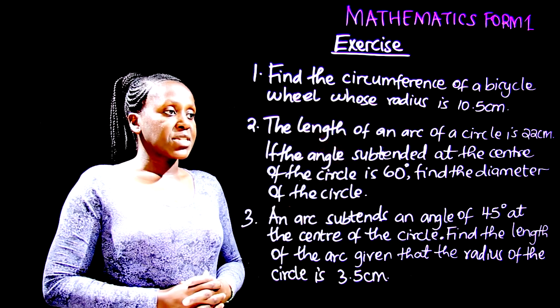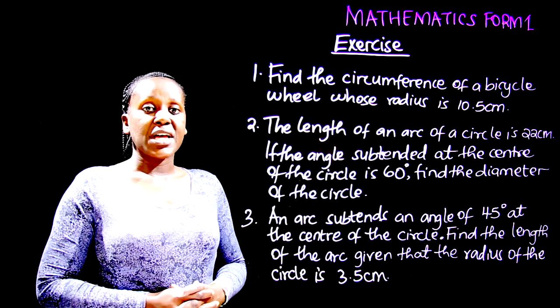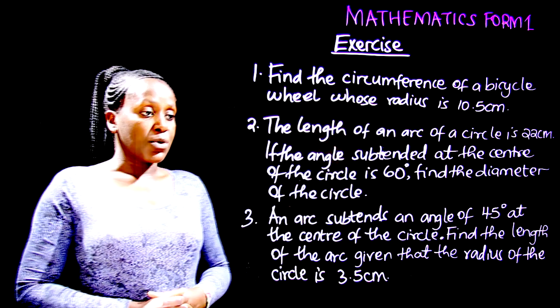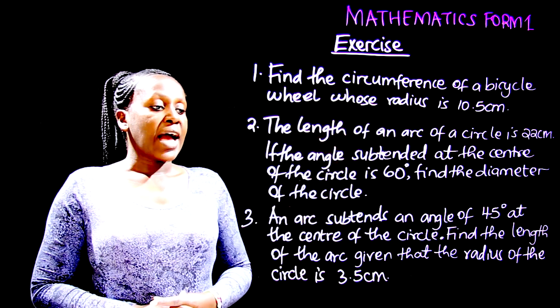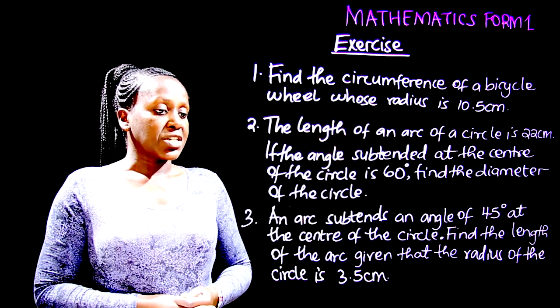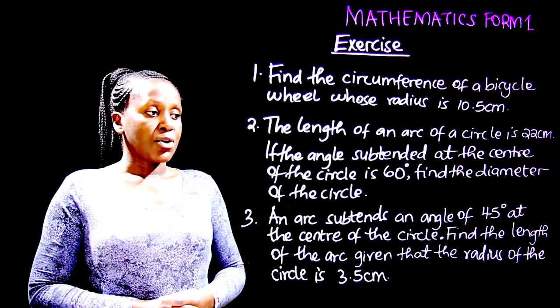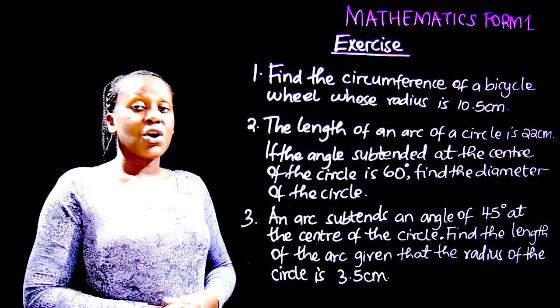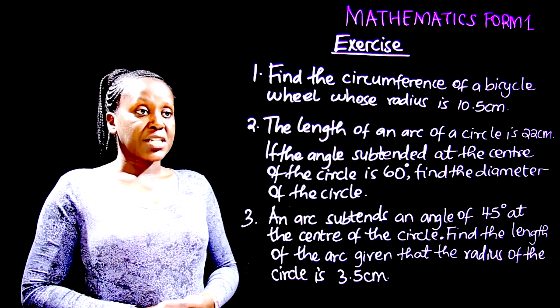If the angle subtended at the center of the circle is 60 degrees, determine the diameter of the circle. Finally, an arc subtends an angle of 45 degrees at the center of the circle. Find the length of the arc given that the radius of the circle is 3.5 centimeters.